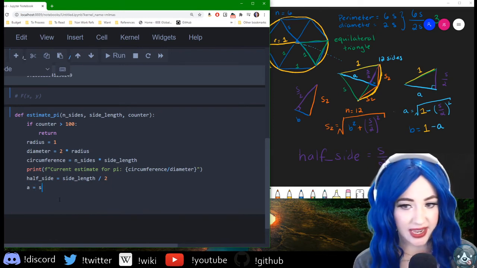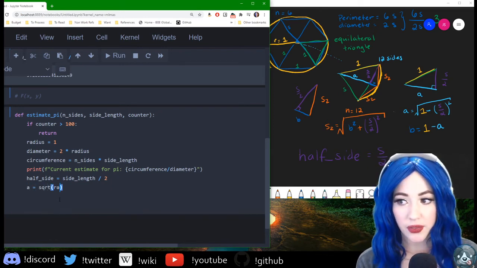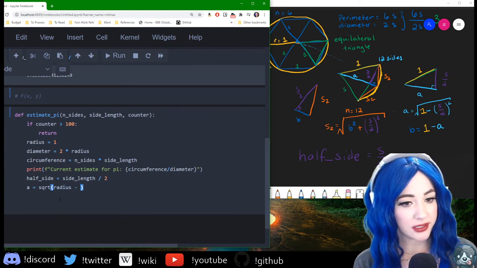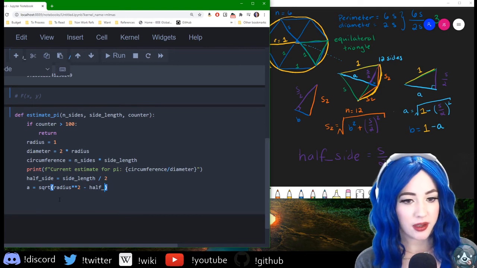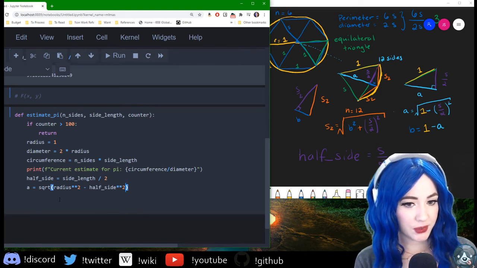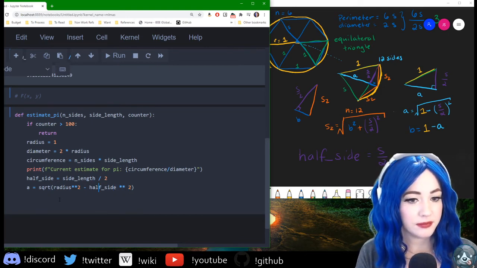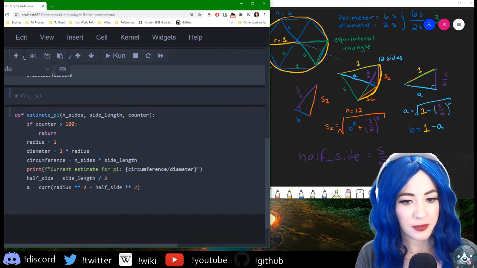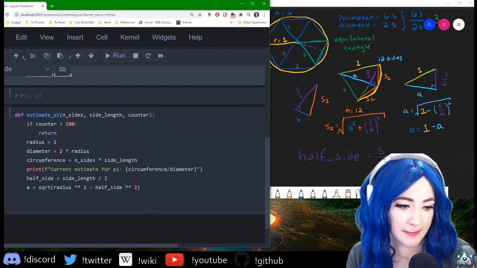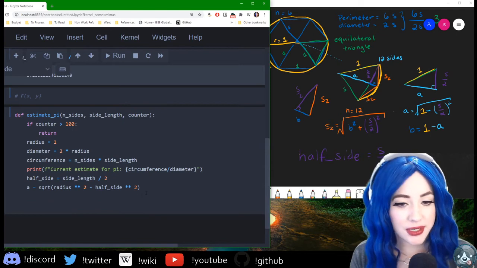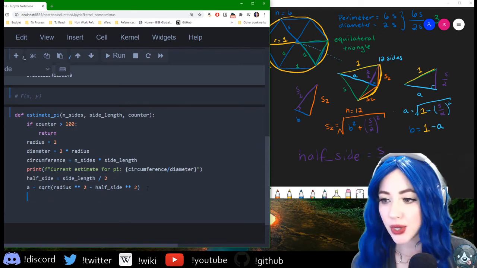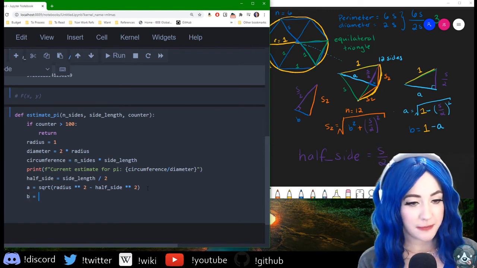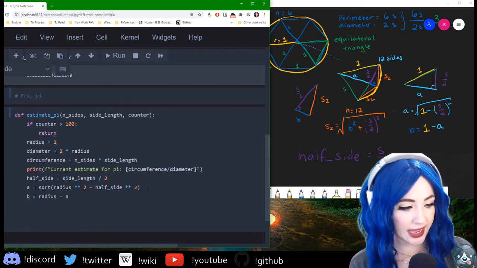We defined A as the square root of the radius minus the radius squared minus our half side squared. And no worries, duck, though. I think people know what I mean, though. But, all right. And then we also have b. b is equal to the radius of our circle minus the value we just figured out, a.